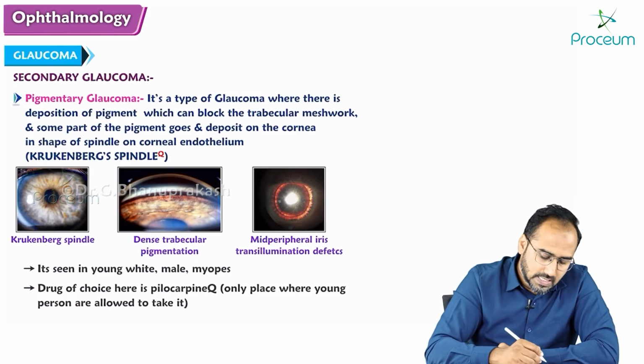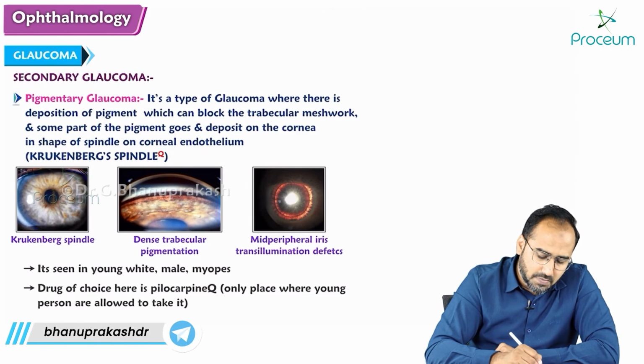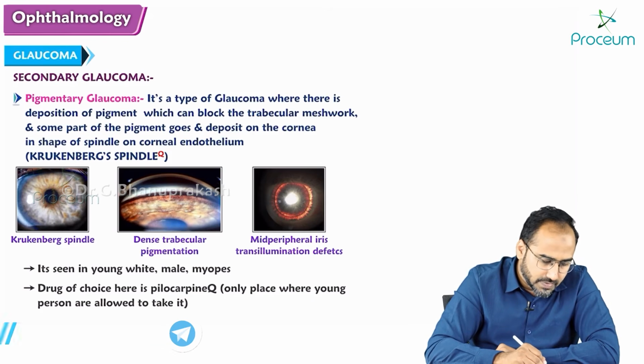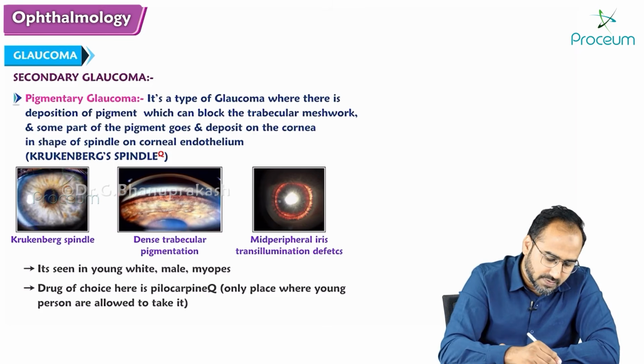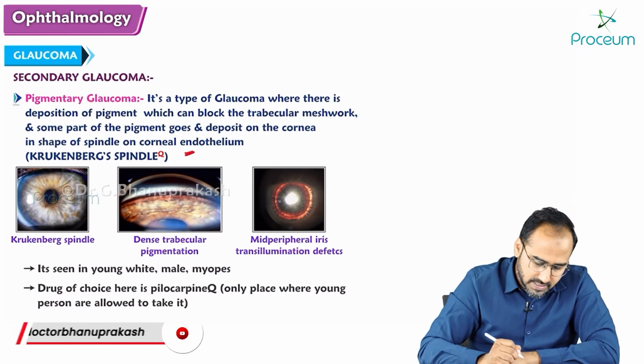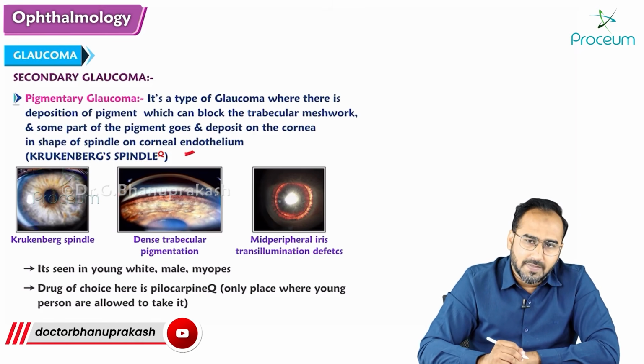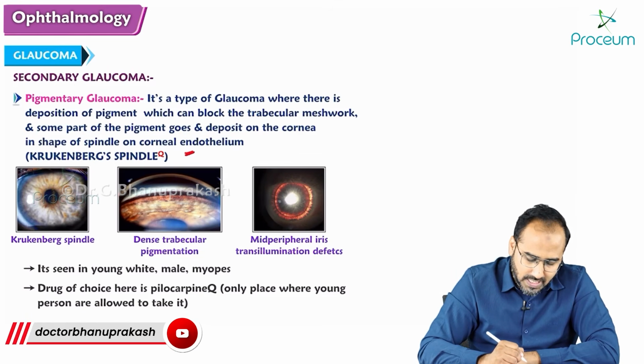So pigmentary glaucoma is a type of glaucoma where pigment deposition can block the trabecular meshwork, and some of the pigment gets deposited in the corneal endothelium in the shape of a spindle, called Krukenberg spindle. This pigmentary glaucoma is seen again in males and myopes.